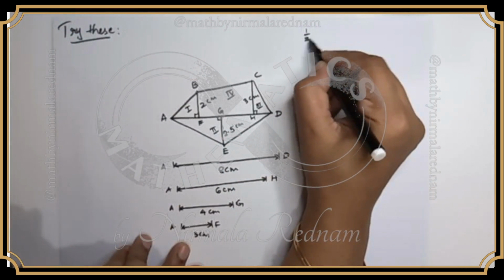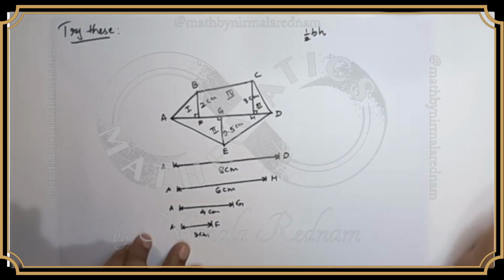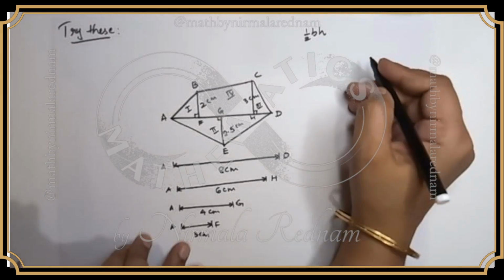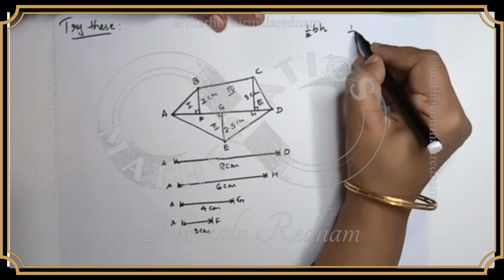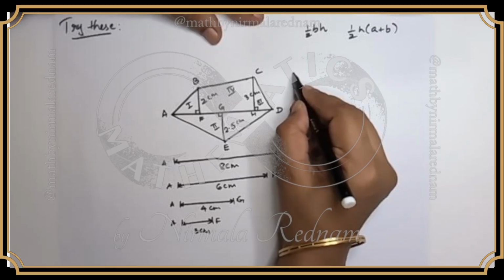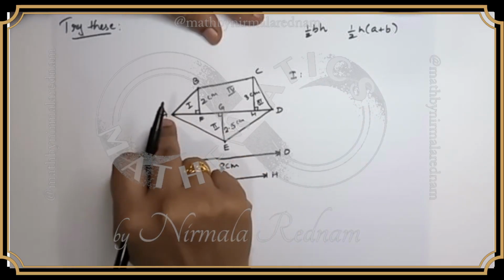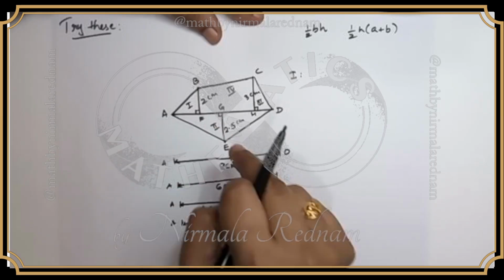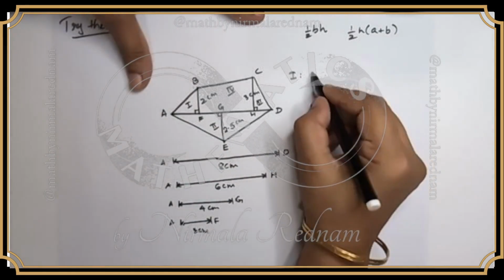As you can recall, area of a triangle is half base into height and area of a trapezium is half h into a plus b. Okay, so I'm looking at the first segment ABF. Now the base is AF. You can see that AF is 3 centimeters.